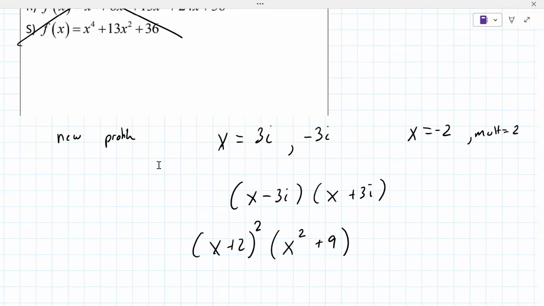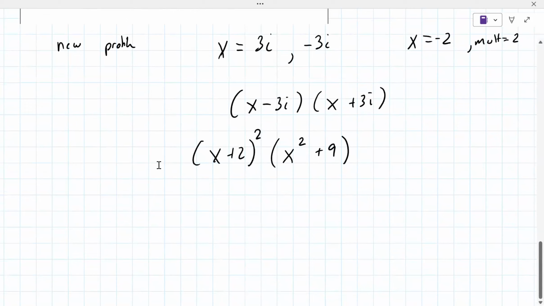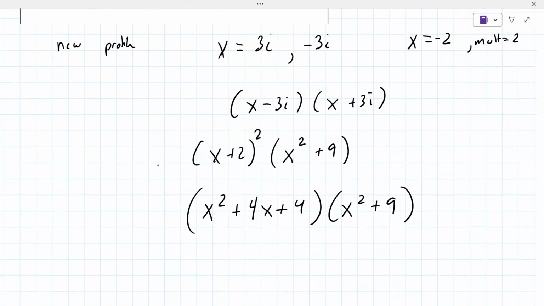Is it clear where that comes from? Yeah. So that becomes x squared plus 4x plus 4 times x squared plus 9. And you have to be able to multiply this out. So this is where I'd like you to jump in and multiply that out for us, please.